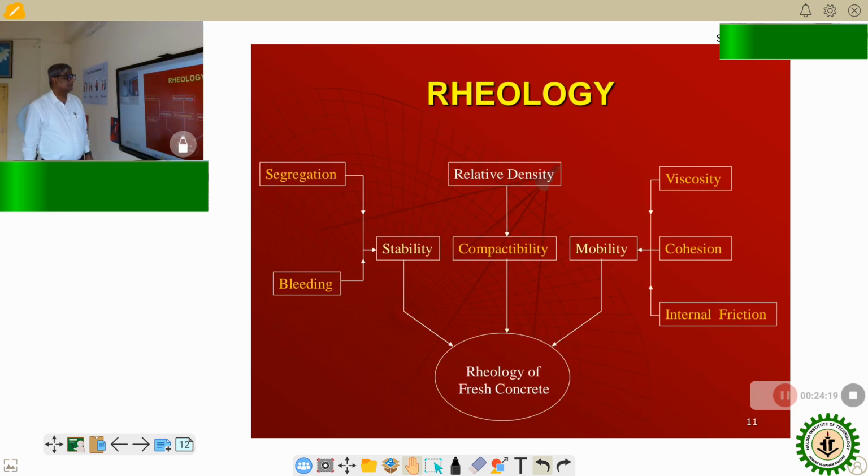You see, whatever I have already told you, basically you have to get a workable concrete, cohesive concrete, and at the end of the day, there must be minimum force, but moisture movement should be allowed to some extent.